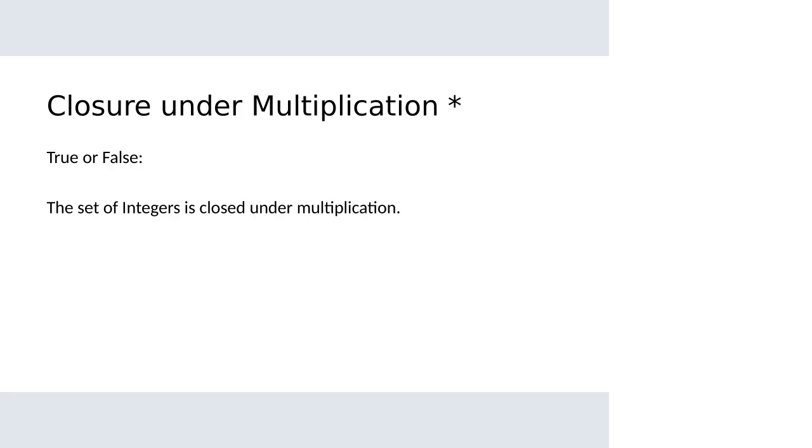In this particular case, if we multiply two integers, do we get an integer back as our answer? Go another 15 seconds on this, and then we'll talk about it.